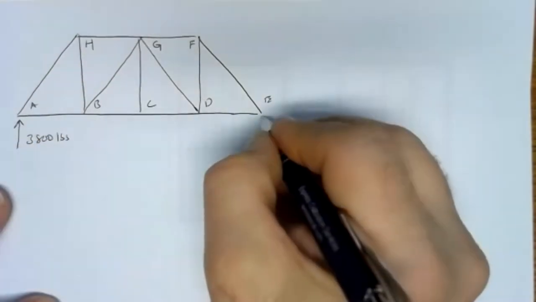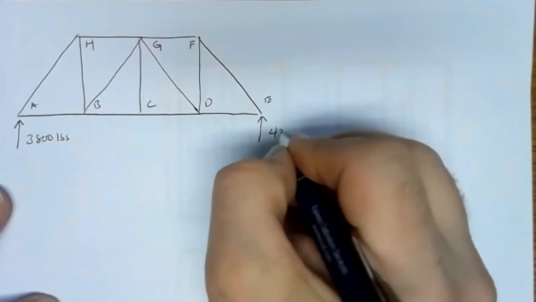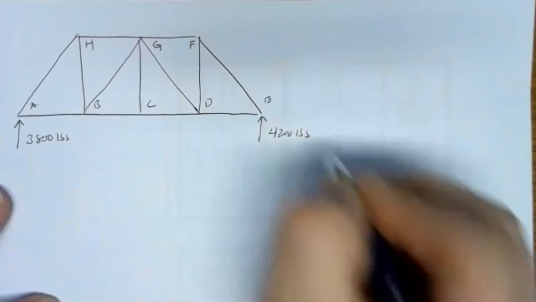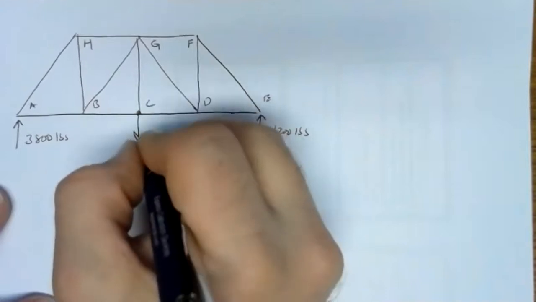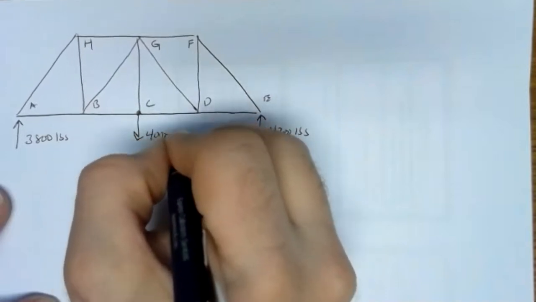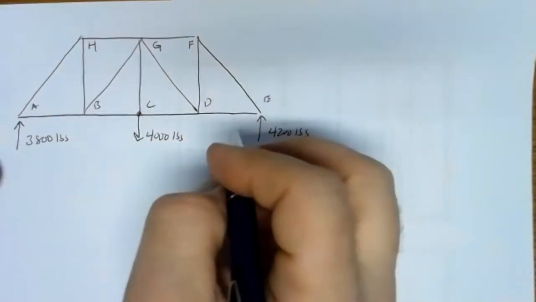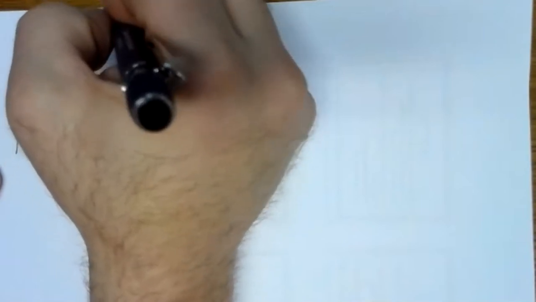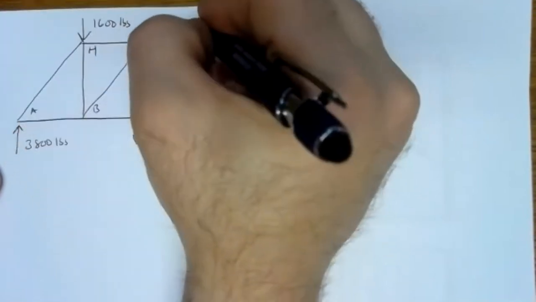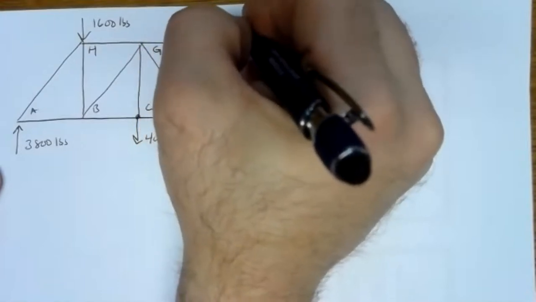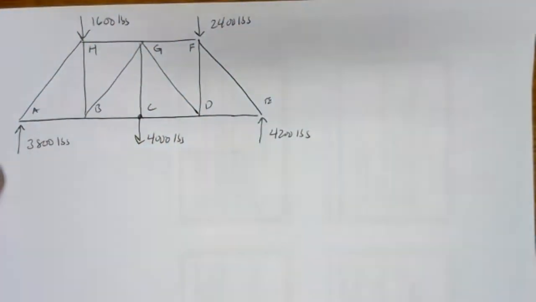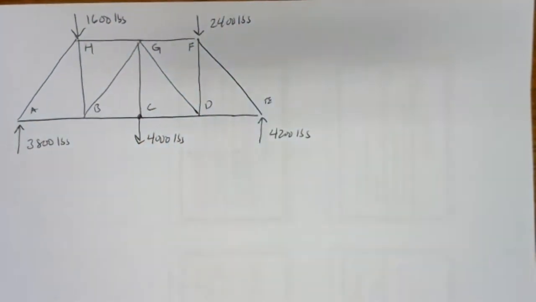We've got a force pushing up at E, 4,200 pounds. Then we've got our applied forces, our 4,000 pounds at C, 1,600 pounds at H, and 2,400 pounds at F. So that's what it looks like after we found our supports.